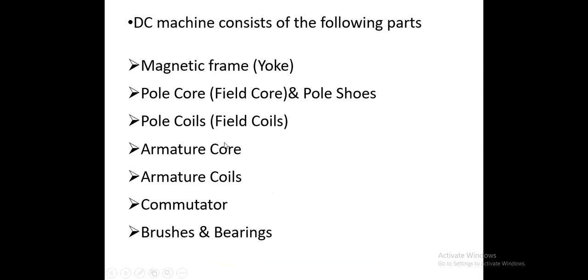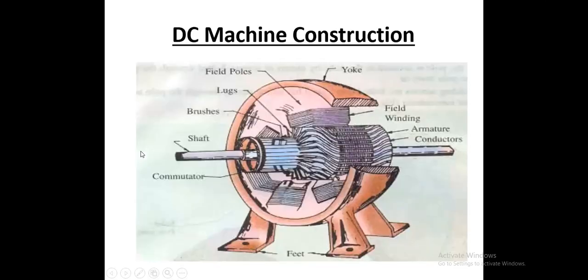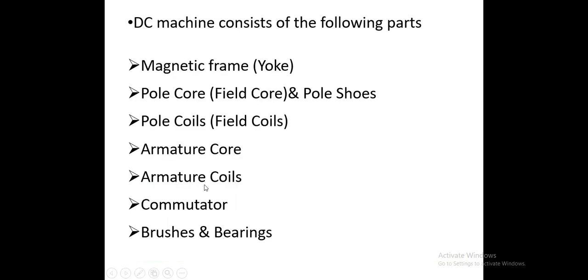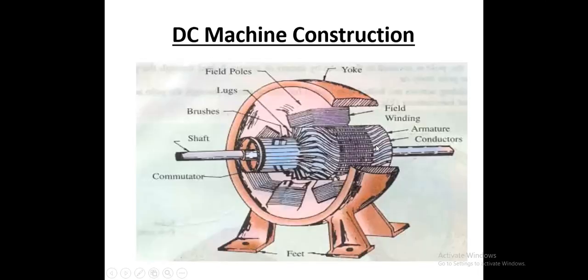Next are the pole coils, which we call field coils. Then the armature core, on which the winding is placed. These are the armature coils; you can see in the slots the armature coils are placed.